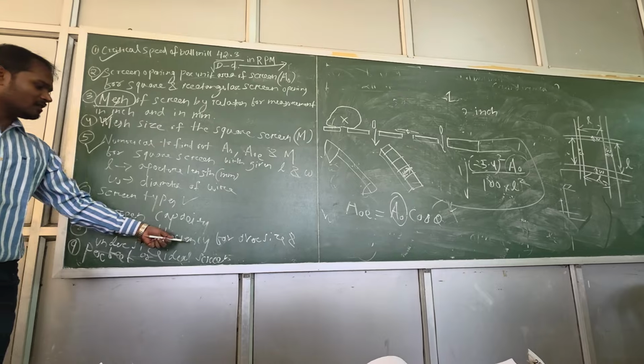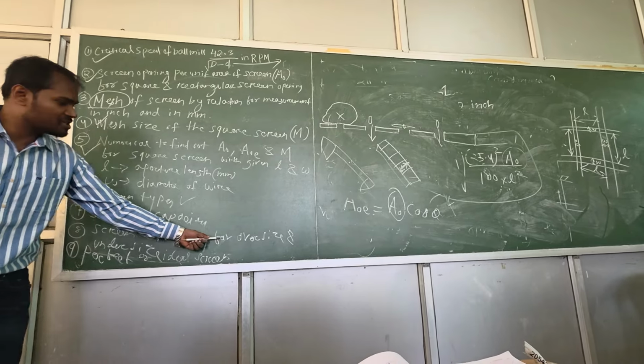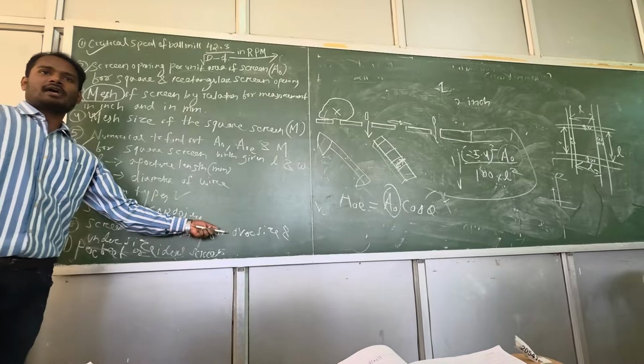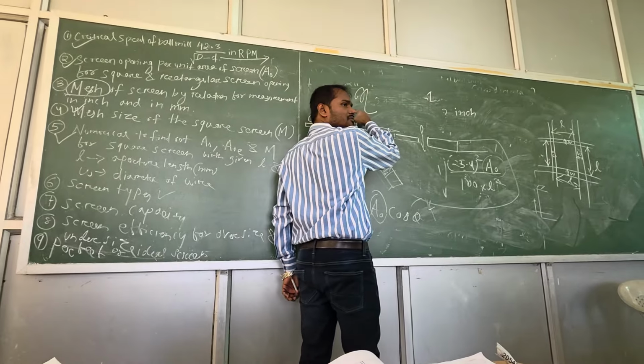You can write the formula here. Screening efficiency for oversize. Efficiency is always written like this.